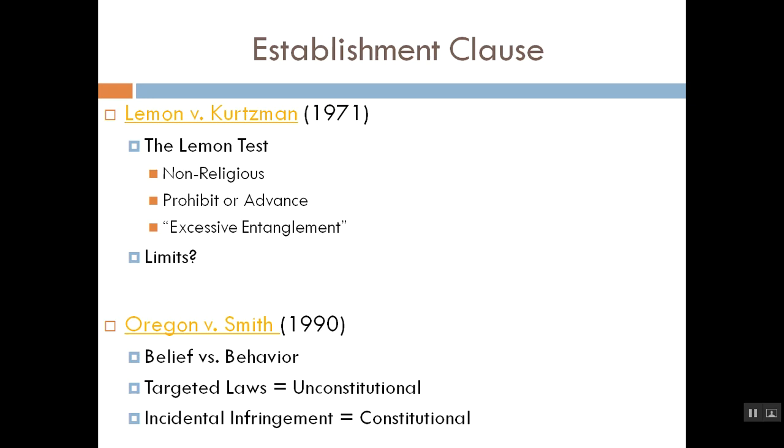Now, that doesn't sound like an especially controversial circumstance, but it becomes one very quickly, because Oregon and the federal government at this time and today both had and have laws dealing with what we call wrongful termination. Wrongful termination is basically when somebody is fired for wrongful reasons.